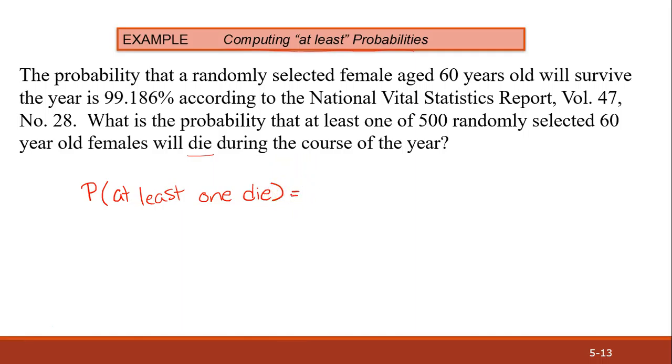Okay, it is equal to 1 minus, y'all remember doing the complement of a probability. This is the same thing that you would do here, is you'd find the complement that all 500 will survive the year, okay? So 1 minus the probability that all survive.